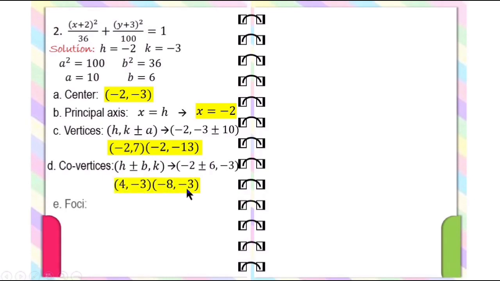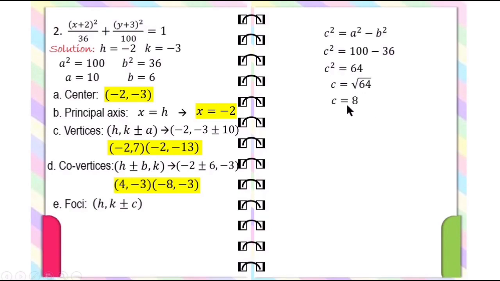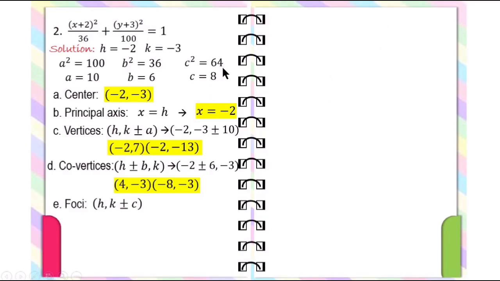While the foci are h, k plus and minus c. To solve for c, we use c squared equals a squared minus b squared, or c equals the square root of a squared minus b squared. A squared is equal to 100, while b squared is equal to 36. 100 minus 36 is 64, and square root of 64 is 8, so c is equal to 8.